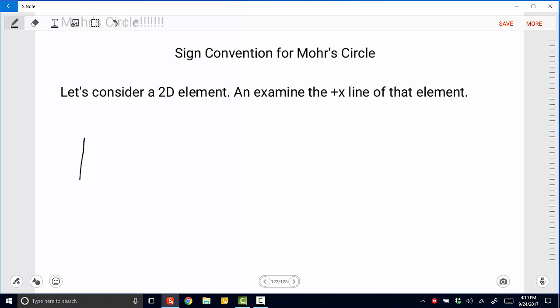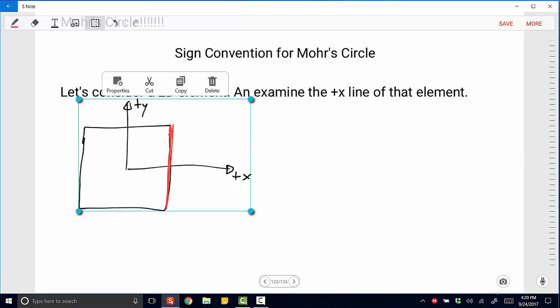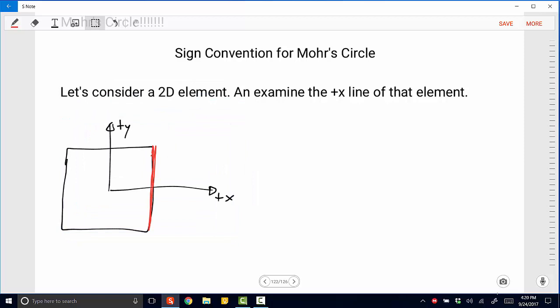So if we were to draw a 2D element, and we have the positive x-axis, and here our positive y-axis, then let's look at this line, the positive x line, or we could call it a surface, but it's 2D, so we'll call it a line, right? And this edge, this line in our element will help us to define what is considered positive or negative shear stress within our body.